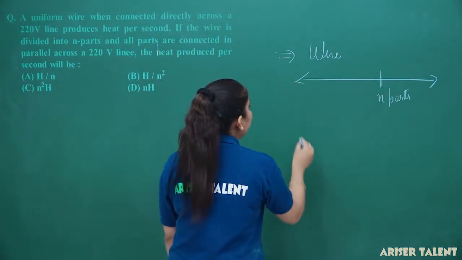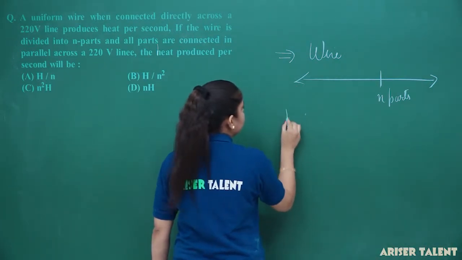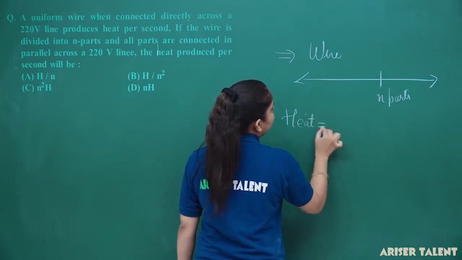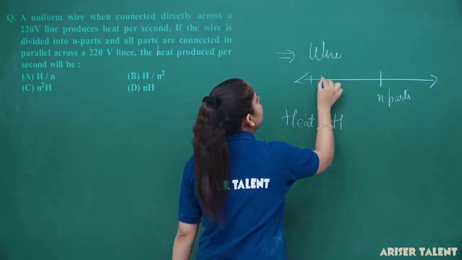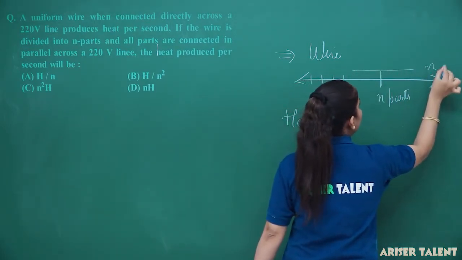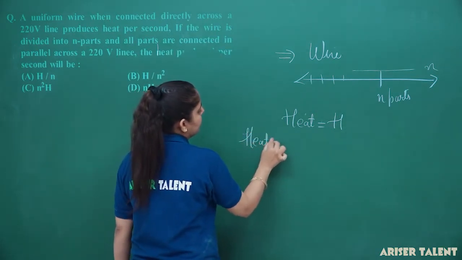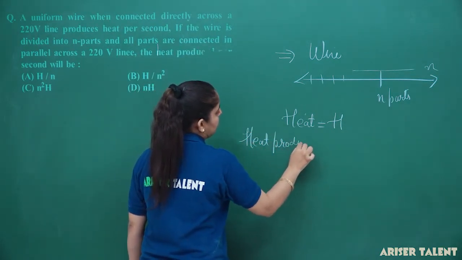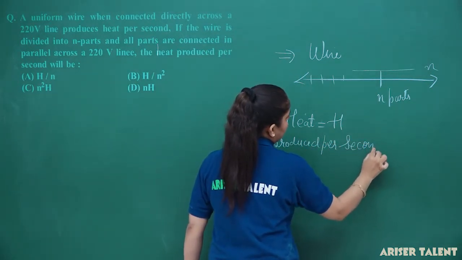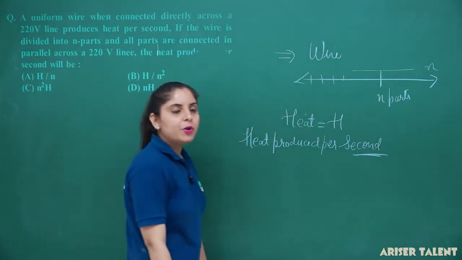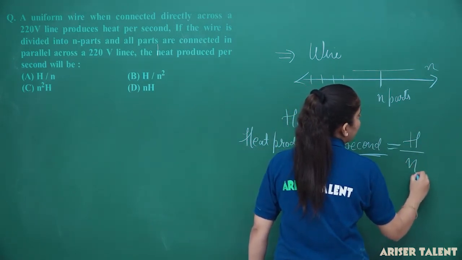If I am denoting heat by H, and if we are having n parts, so I am having 1, 2, 3, 4 like this, and we are having n parts. You have to calculate the heat produced per second. So the heat produced per second will be H upon n square.